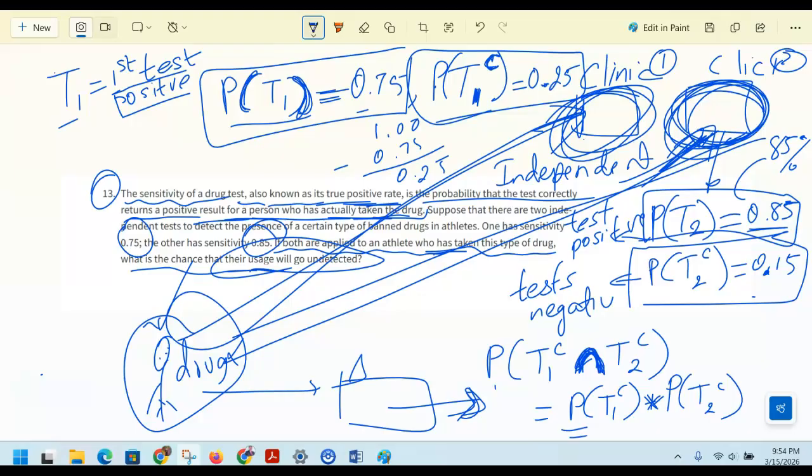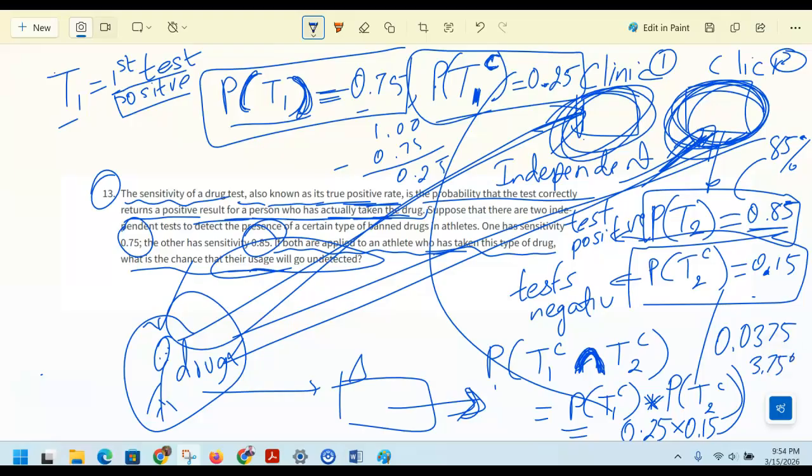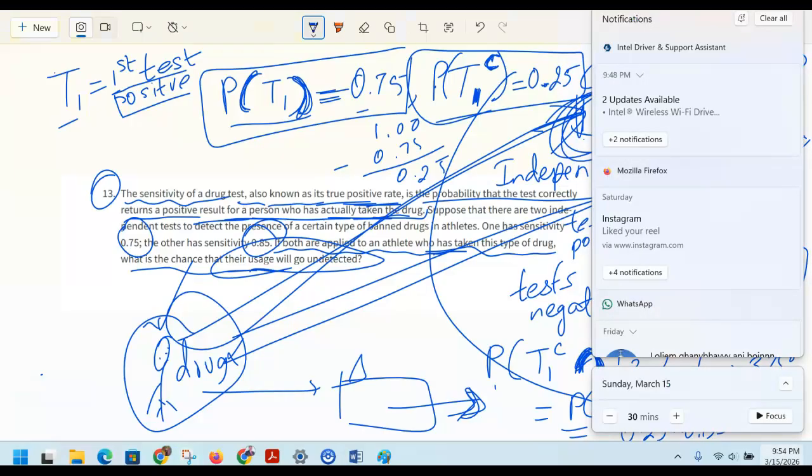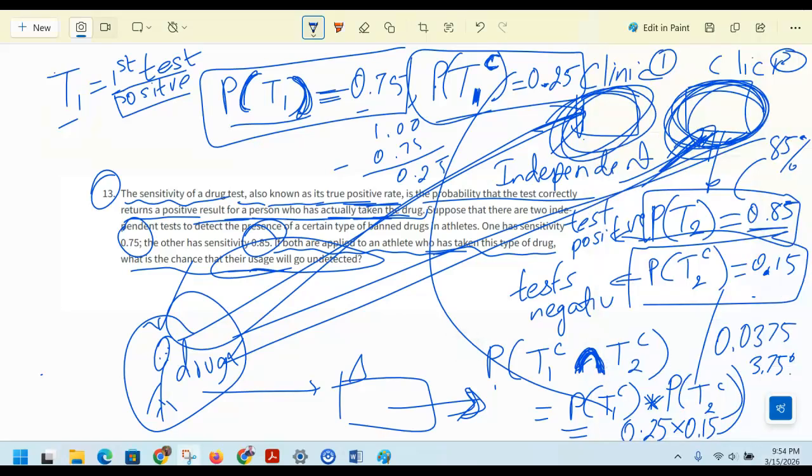So we just multiply: 0.25 goes here and this goes here. If you multiply these, you get 0.0375, almost 3.75%. Very small. Okay, let's go to 14.